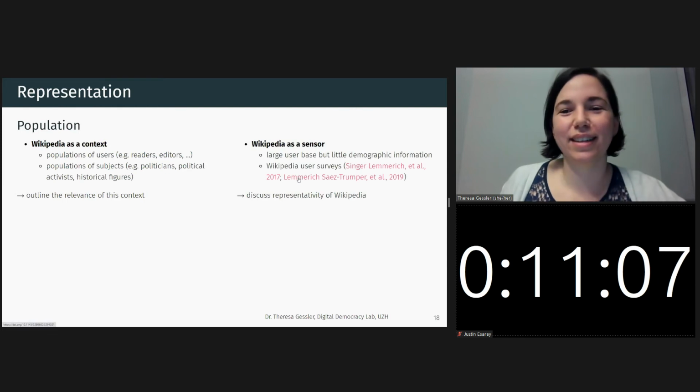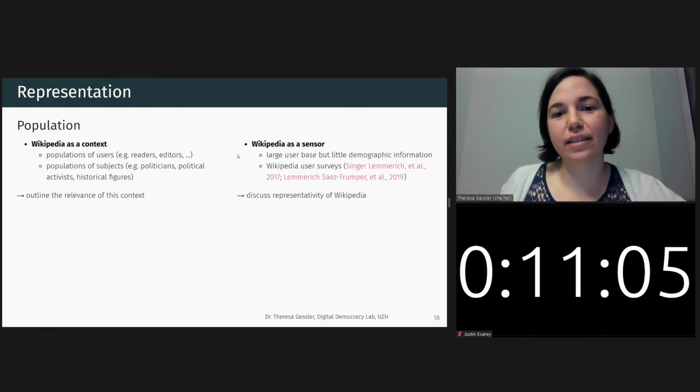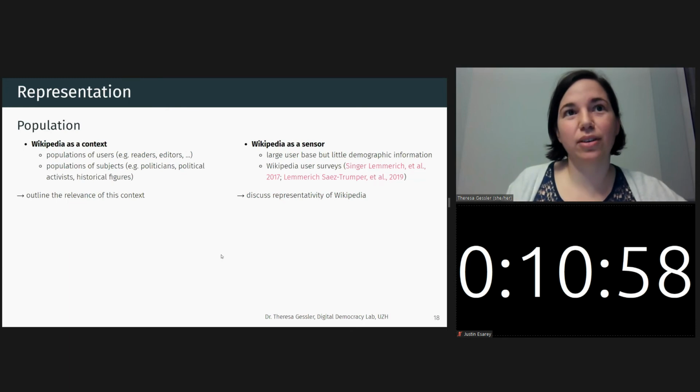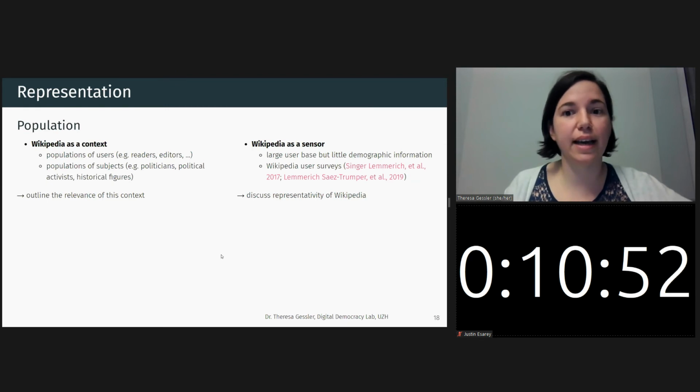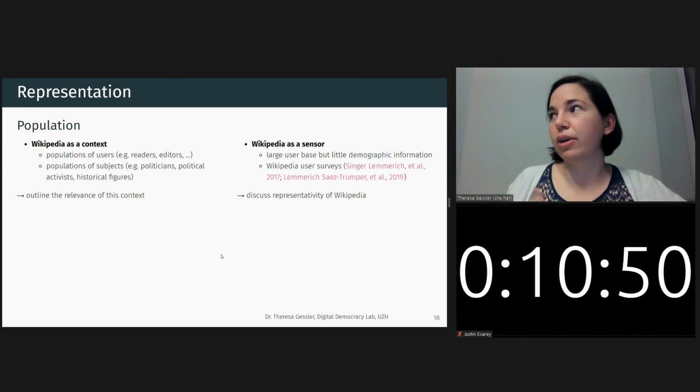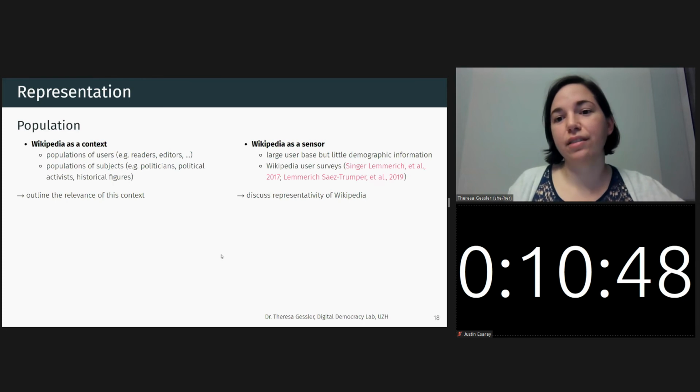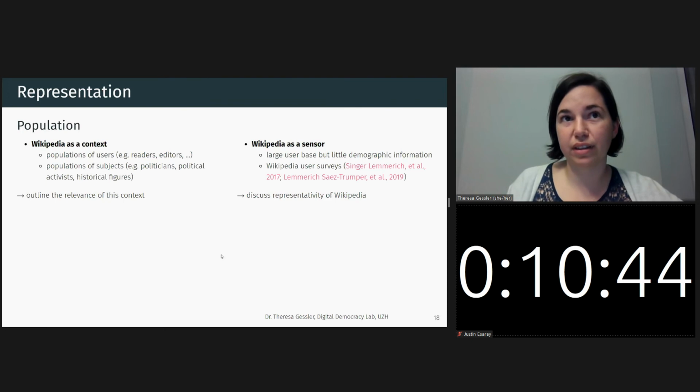The other approach that is sometimes taken is to use Wikipedia as a sensor. In this case, I think we're getting into a bit iffy territory, because similar to other digital trace data, we can't really know how representative or not Wikipedia is of the population. What we can, however, do is emphasize that there's a large user base, even though we don't know the specifics about it.